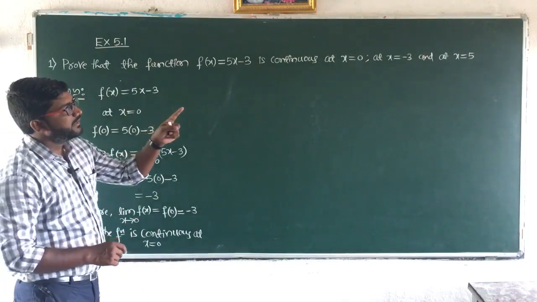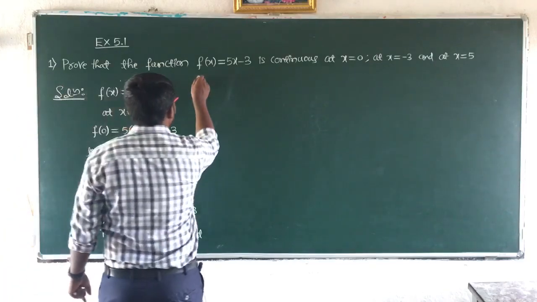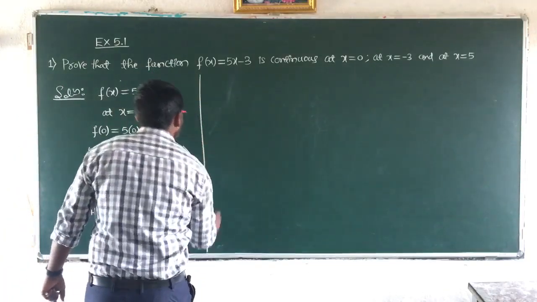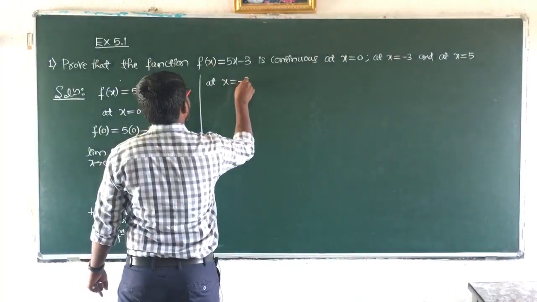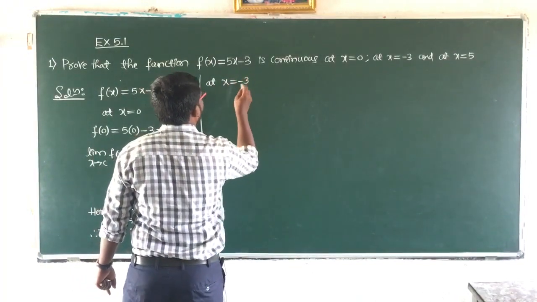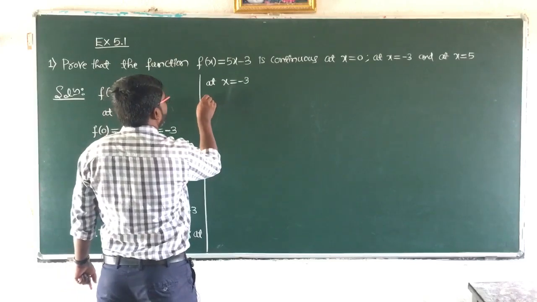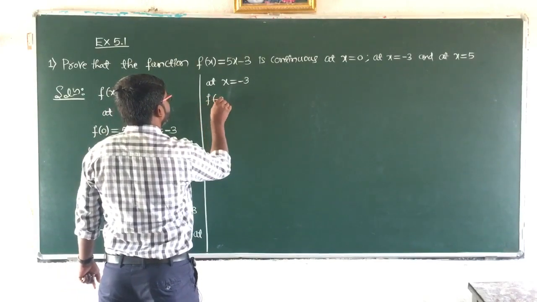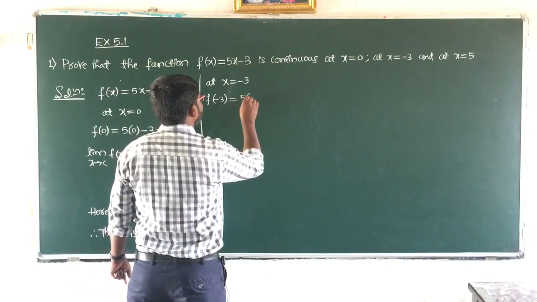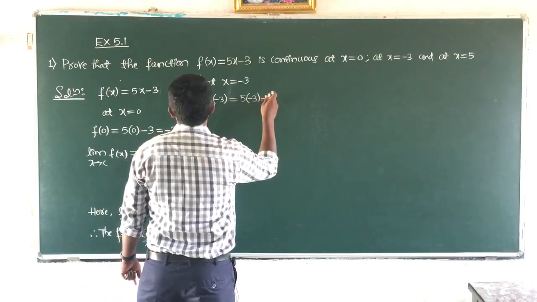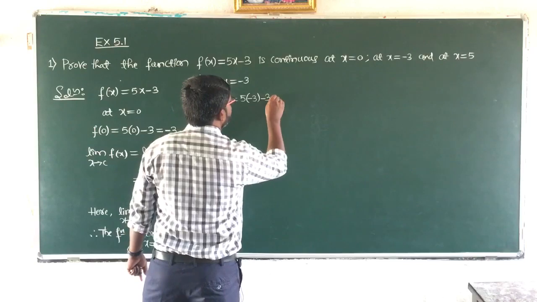Next, it is at x equal to minus 3. Now I go for f of minus 3, which is 5 into minus 3 then minus 3. How much do we get now?